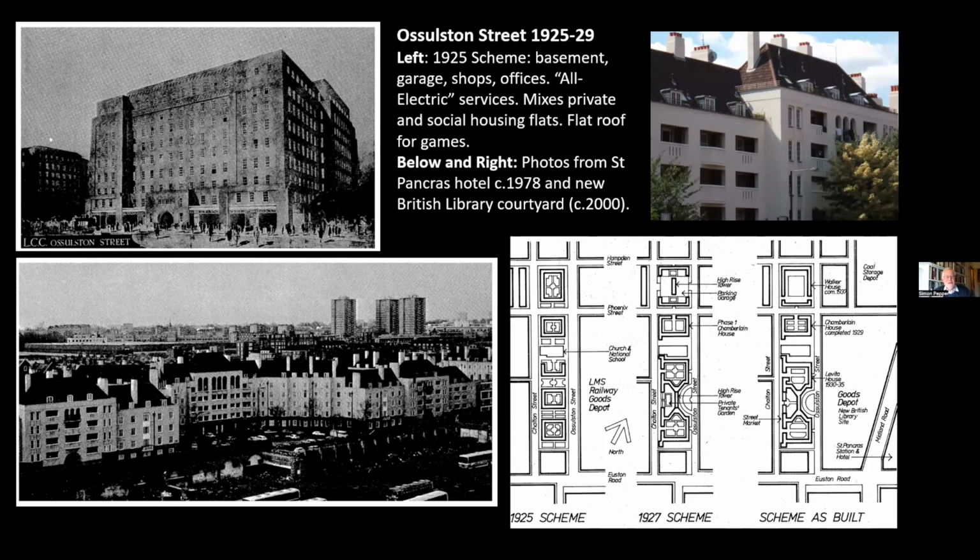And the experiment consisted of trying to offset the high costs of the social housing with various private sector activities, a commercial parking garage in the basement, shops and showrooms on the street level, a level of offices above that, 2 levels of private flats with a separate communal entrance, and then 5 floors of social housing with a flat roof and a play space area, all for the social housing tenants.